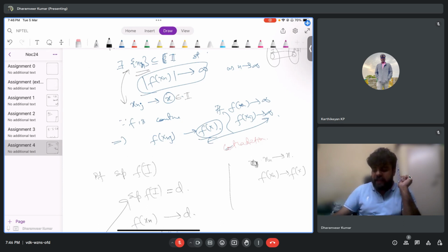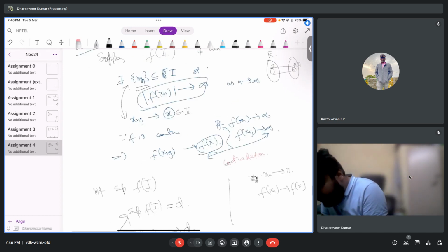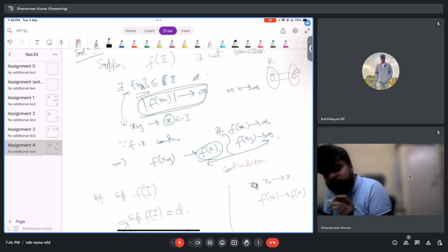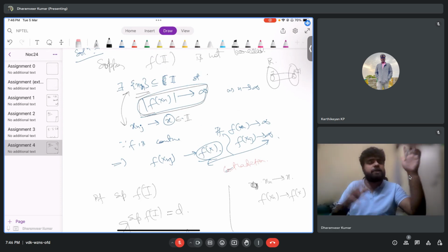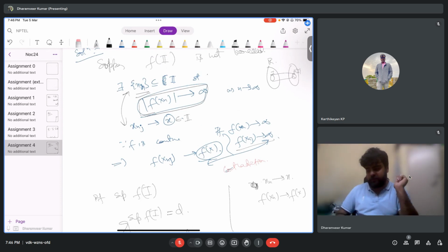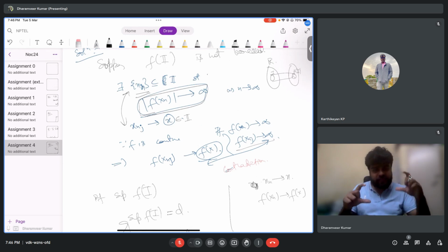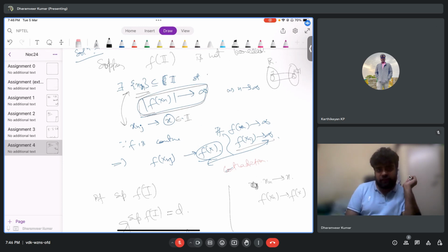And x is in I, so f of x is well defined. Now if one sequence goes to infinity, any subsequence will go to infinity. So this was supposed to go to infinity, but it is going to some f of x. f of x is not infinity, right? f of x is a well defined real number. So there is a contradiction.